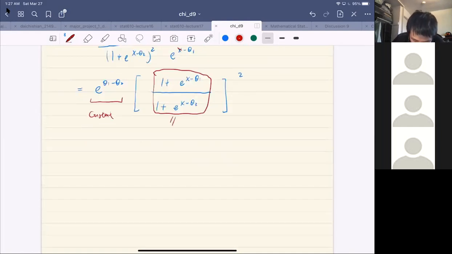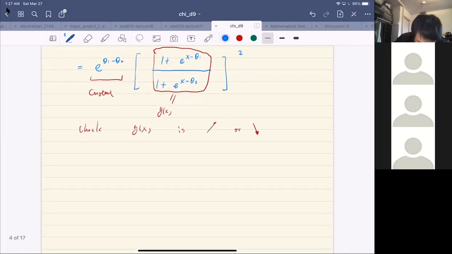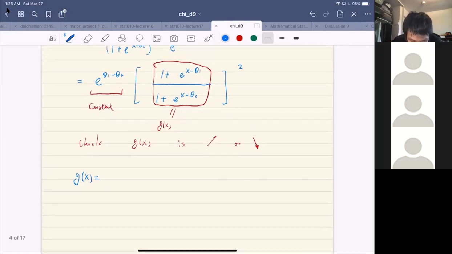Let's say this one is g of x. So check g of x.